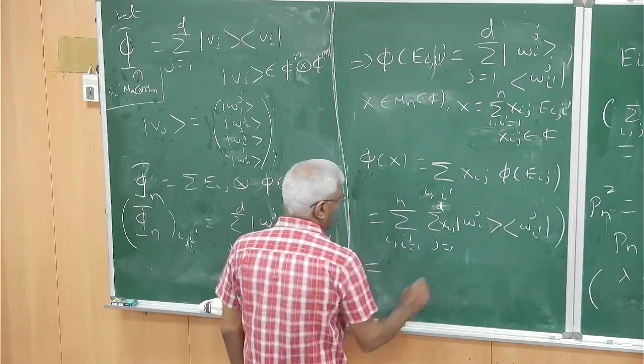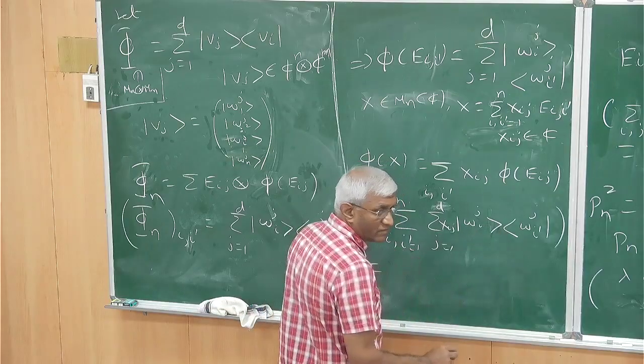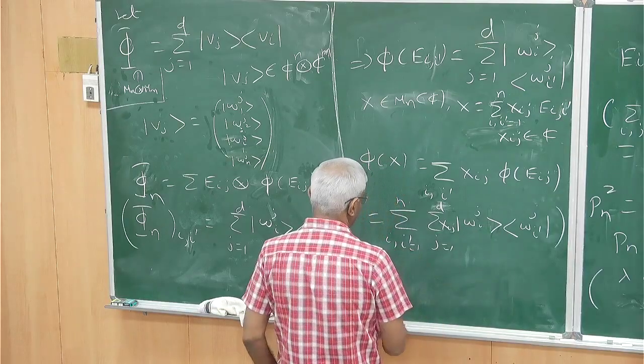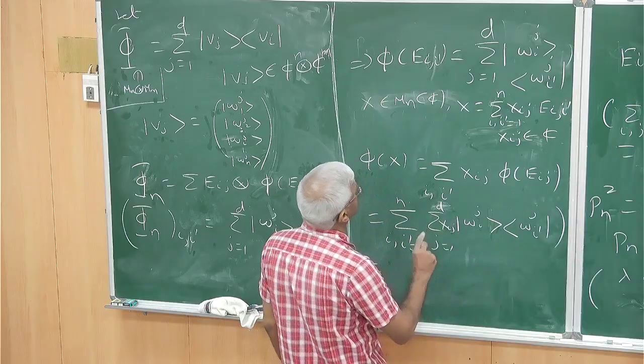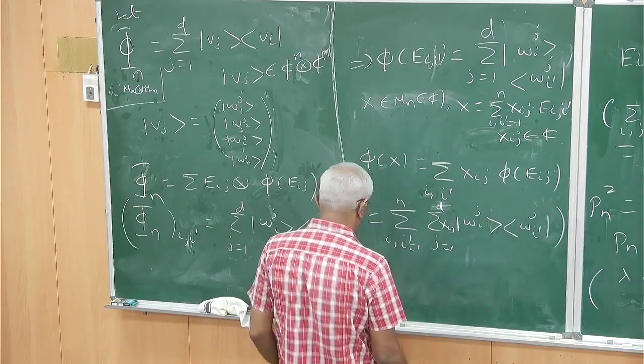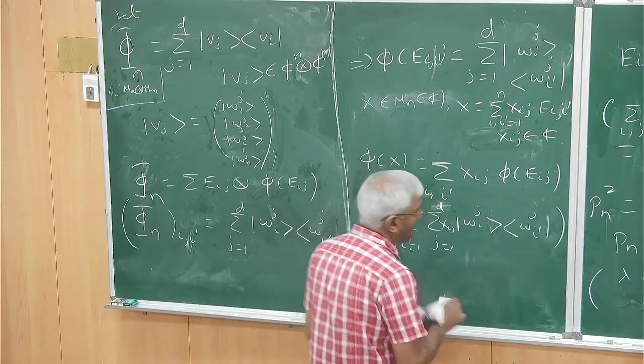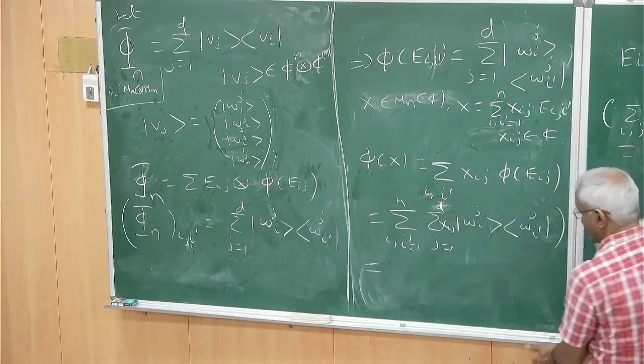Now I can put this x_ij in the middle. I need both the boards, this is the problem, so I will write it here again.